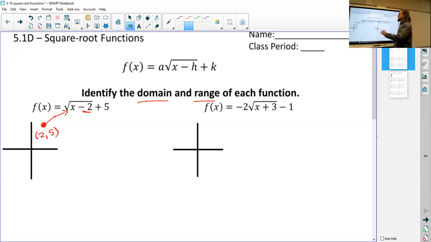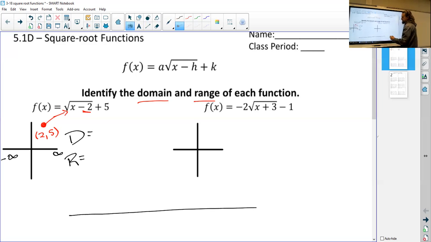Okay, and then I want to know what's the domain, what is the range. So domain is my x values, and on my number line, on the far left side is negative infinity, and on the far right hand side is positive infinity. It's a regular old number line here, on one side of that, we have negative infinity.